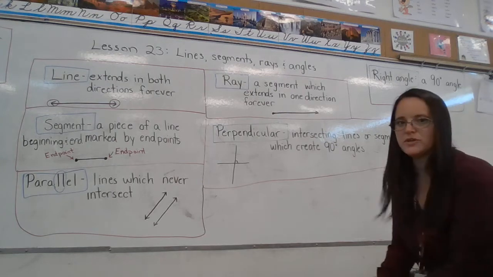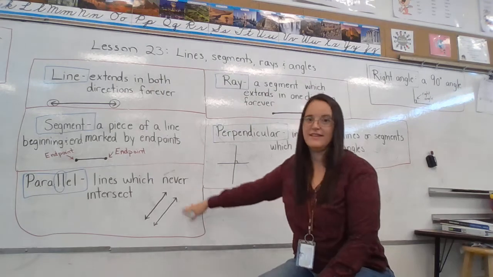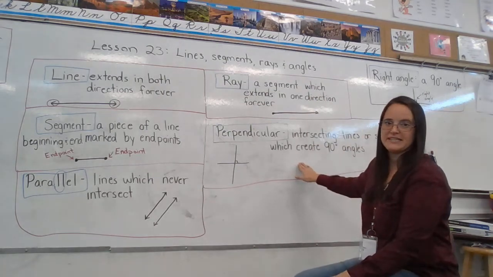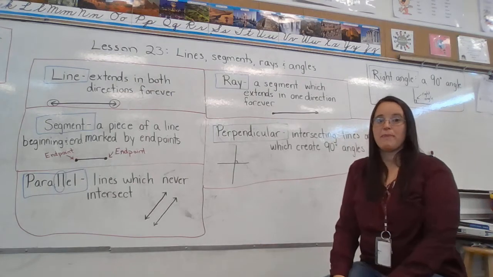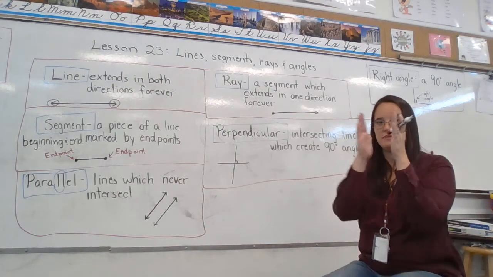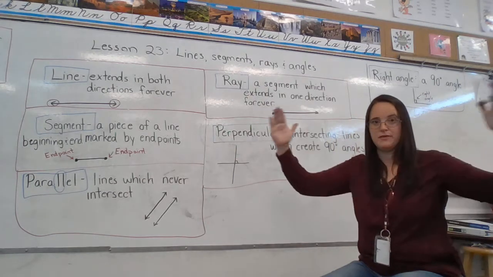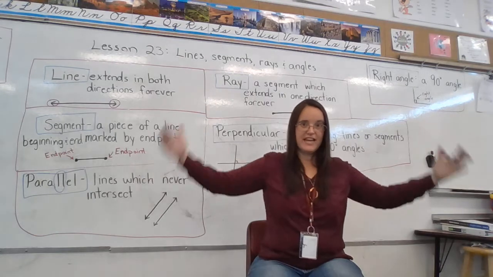The next two words we are going to talk about are parallel and perpendicular. So, two lines are parallel if they never ever intersect. They could be this close together, they could be this close together, but they're never going to intersect.